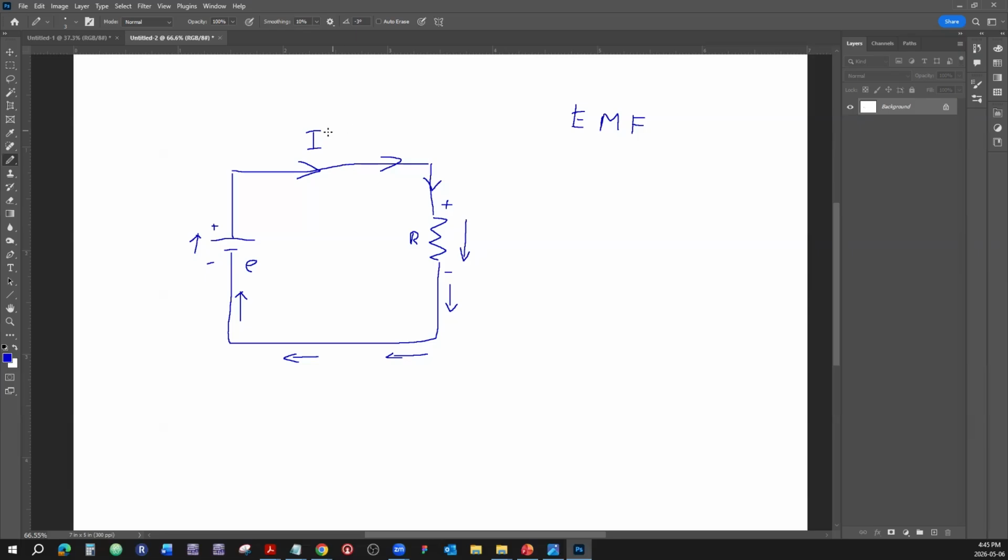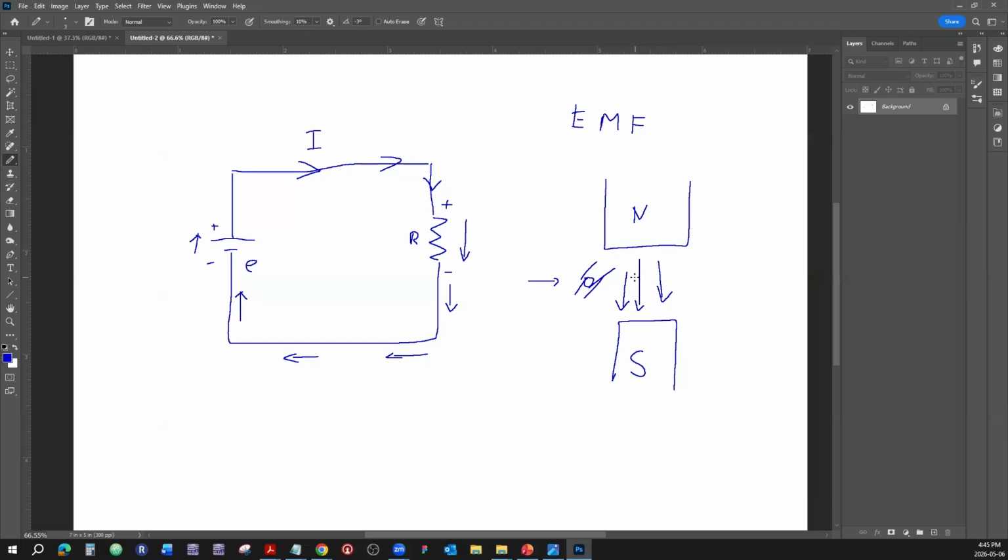Now, when we are running a conductor inside a magnetic field, so here are the lines, they're going this way. Now we're going to run a conductor, we're going to shove that in, this conductor is going to go this way physically.